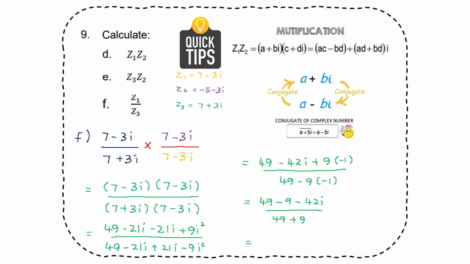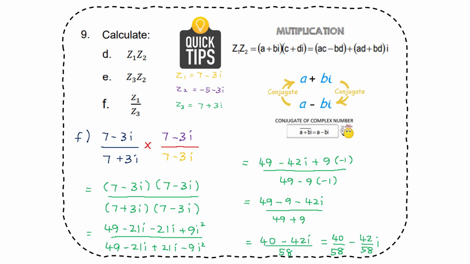So we have 40 minus 42i over 58, and it can be written as 40 over 58 minus 42 over 58 i, and it can be simplified.